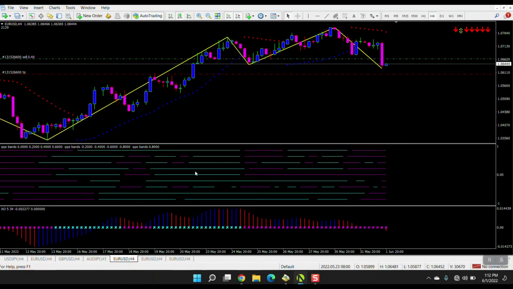When they're aqua, and the awesome oscillator is blue going up, and this is aqua, I'm more interested in buys. And what that does is keep you out of this back and forth, back and forth. Another way to do it would be just to use the PSAR.